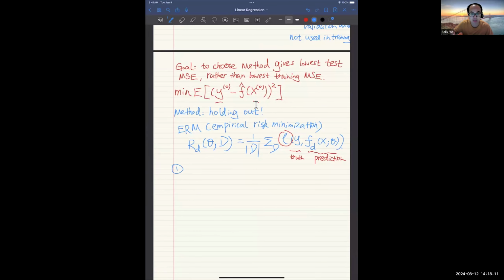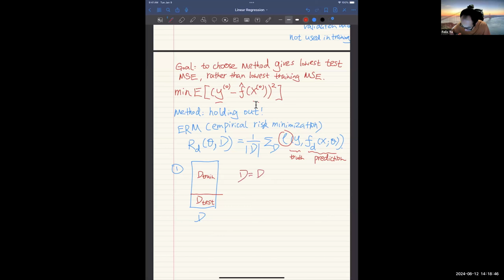So the first approach is we're going to divide the whole data into two disjoint sets. So this is, say, my D here. I'm going to split this into two parts. The first part is D train. The second part is D test. The way that we split, we ensure the training set and testing set are disjoint.